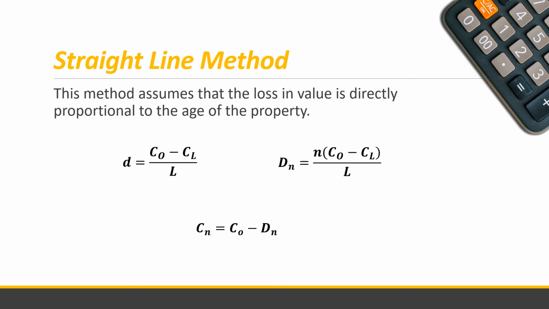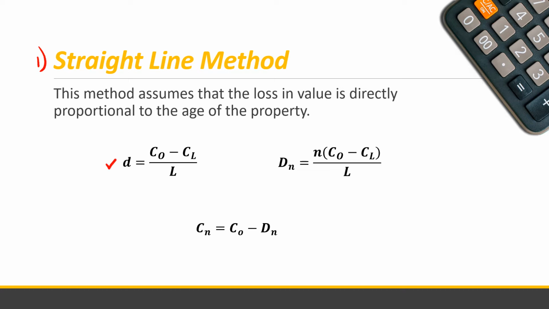So the first method here is the straight line method. In this method, it assumes that the loss in value is directly proportional to the age of the property. So here are the formulas.